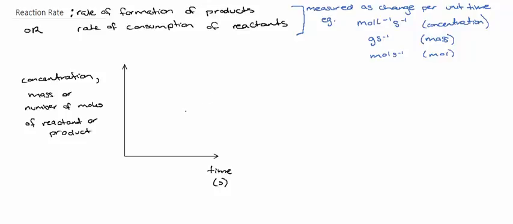And if we do that, what we're generally going to see is that the concentration of our products is going to increase over time, and the concentration of our reactants is going to decrease over time.